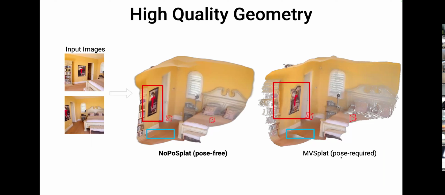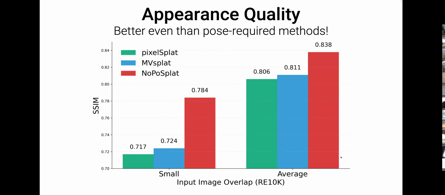And as a result, because we have this better 3D GS, you also get even better appearance quality, especially when the image overlap becomes very small. For example, when the overlapping part is only like 5% or something, our method can actually beat all these methods that even require camera poses.